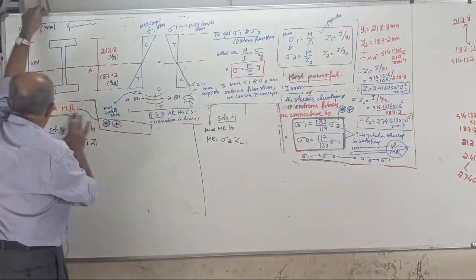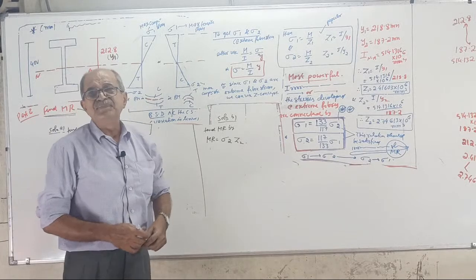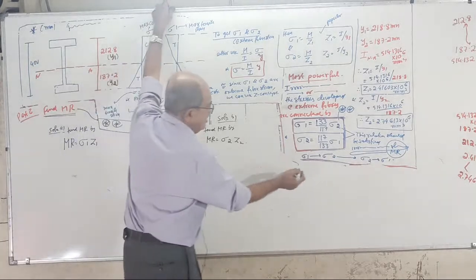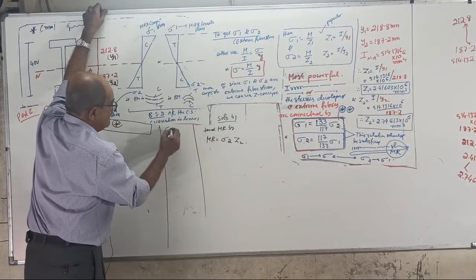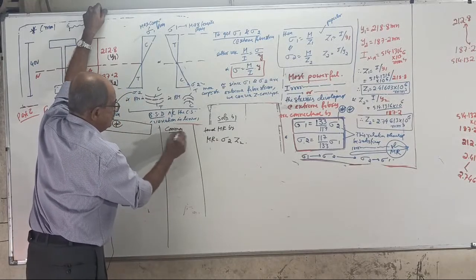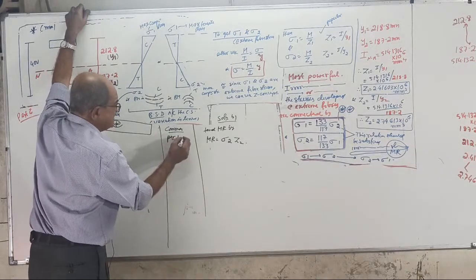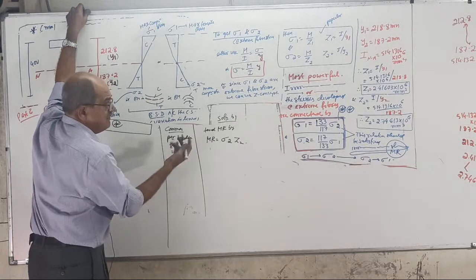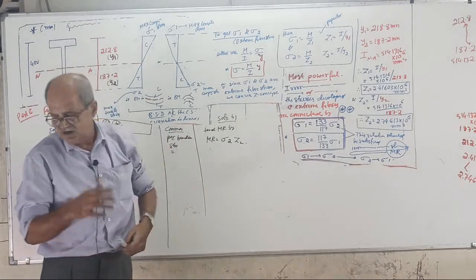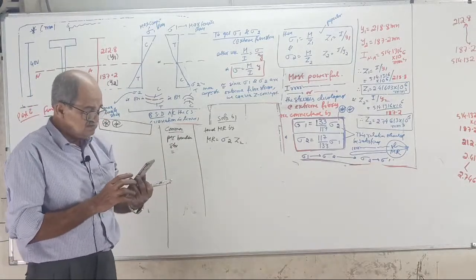Now, what did they tell? See, before starting, the common statement. They told the permissible bending stress is how much? I will write it here now. Common statement, I will write here. They told permissible bending stress. How much did I tell? I forgot. Ayyo, forgotten. What to do?